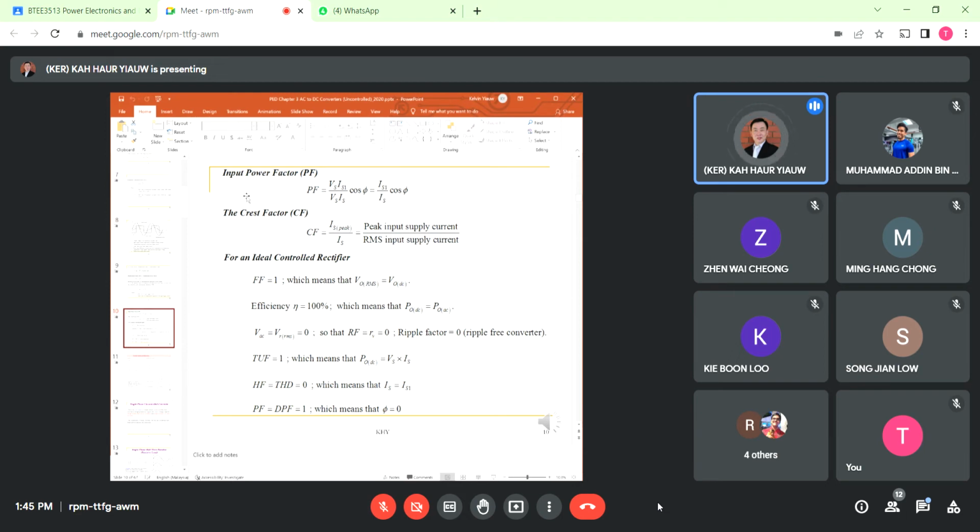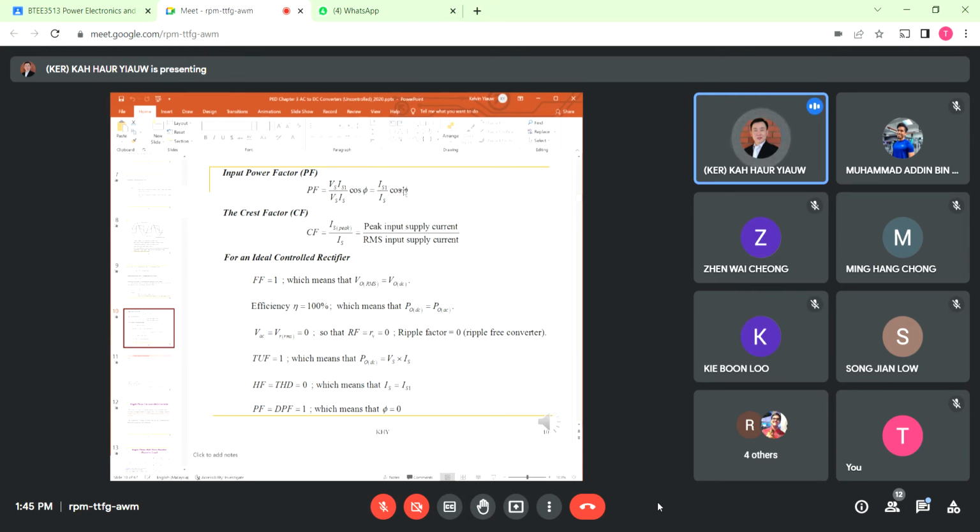Now, input power factor. In general, the power factor is supposed to have this equation here: your VS IS1 over your VS IS, times cos phi. So if, for example, I have a resistive load, normally you can see that there is no cos phi here.